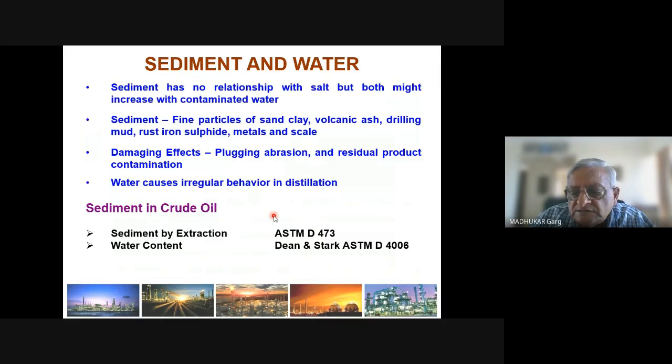The other part is the sludge that you get along with the crude oil, and that is measured by a parameter called BSNW, that is, basic sediment and water.